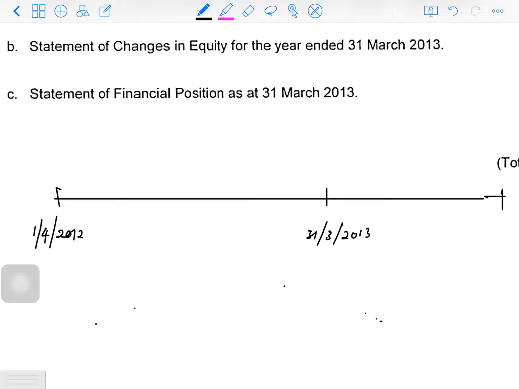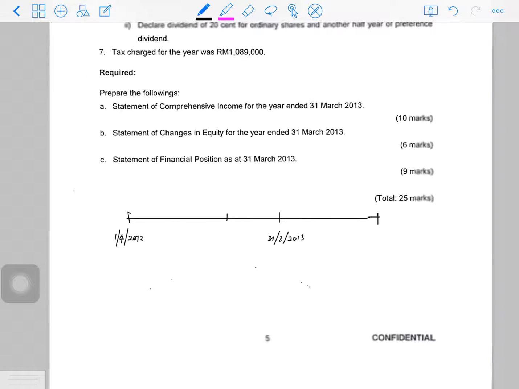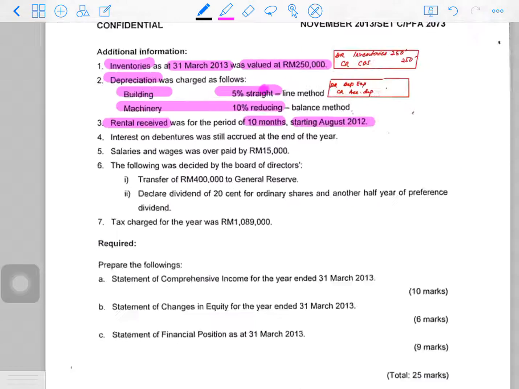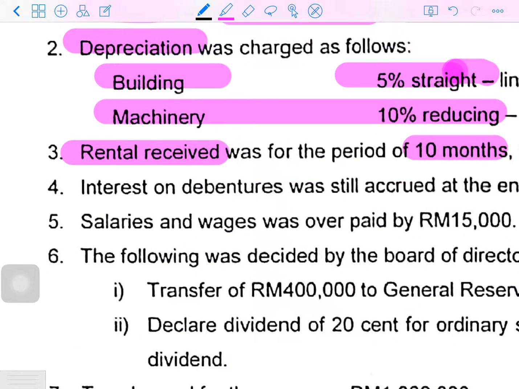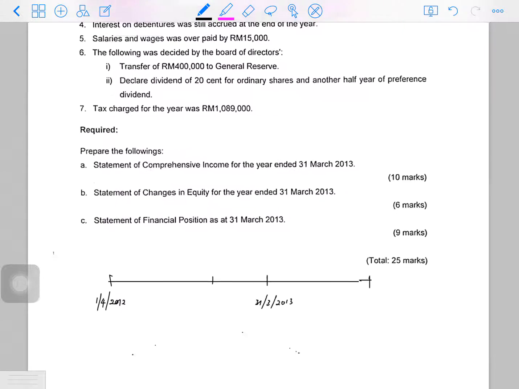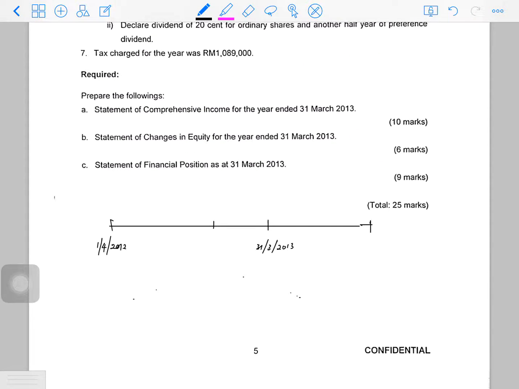Here you receive rental. Rental received, that means what? It is an income, your revenue. It is not an expense. So you receive this income.